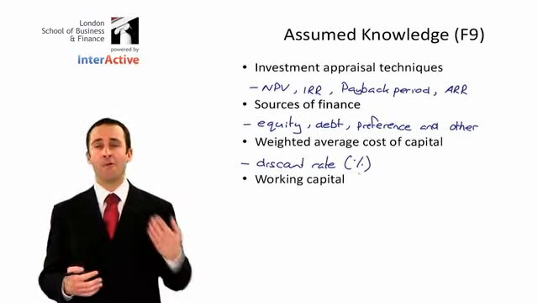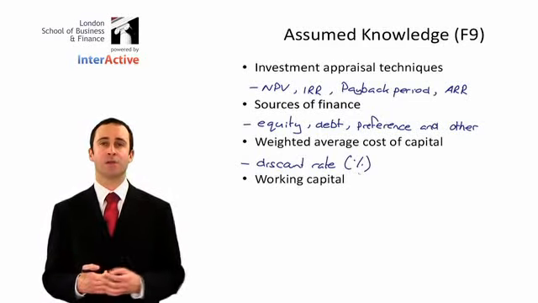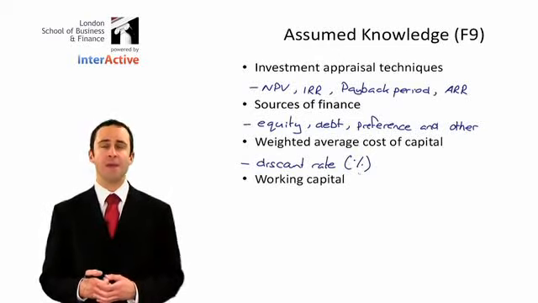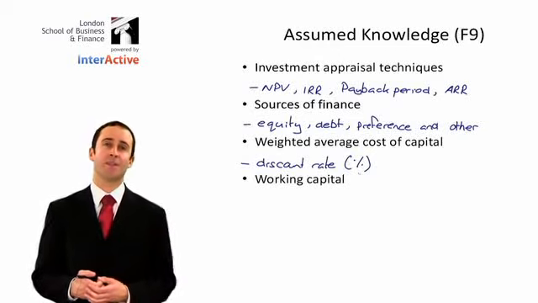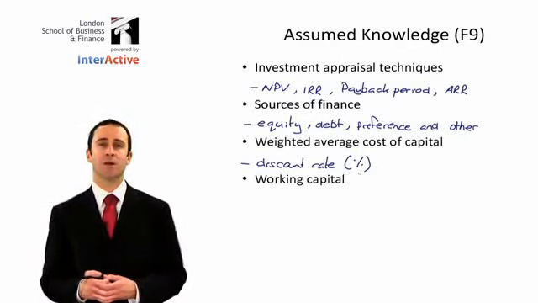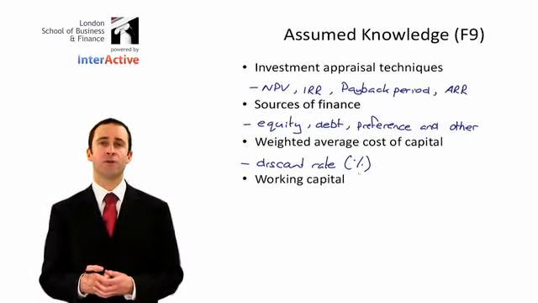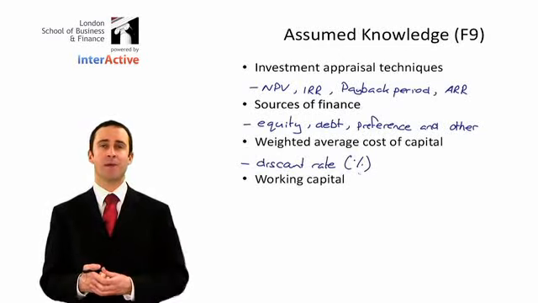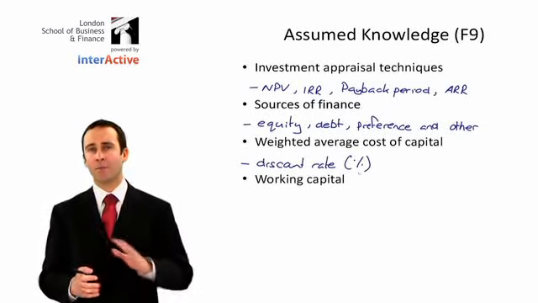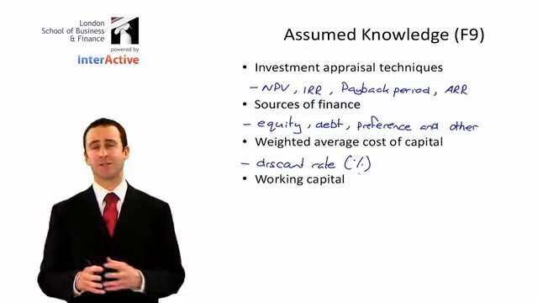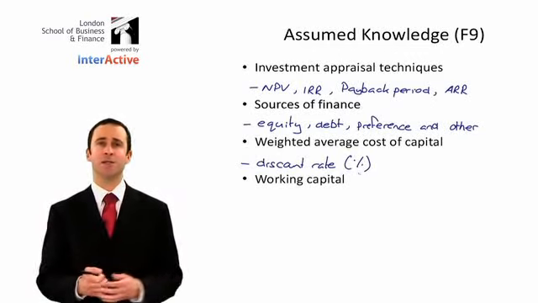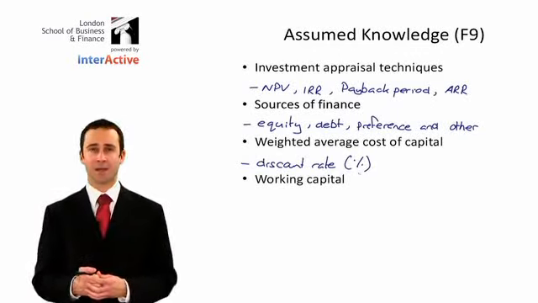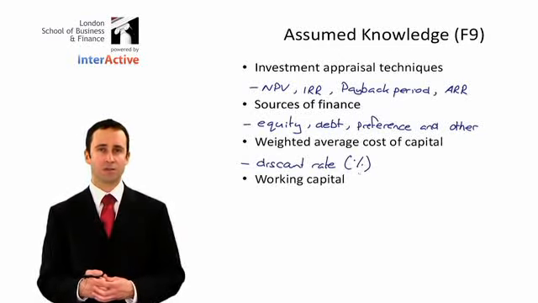We will recap your weighted average cost of capital, how to calculate that discount rate, and look at the assumptions that we make in calculating it. And then we'll start looking at more advanced discount rates that we may need to calculate. I'm not going to talk about it too much, I think it's too early in the day, but you need to be really comfortable with the basic calculation of a weighted average cost of capital.